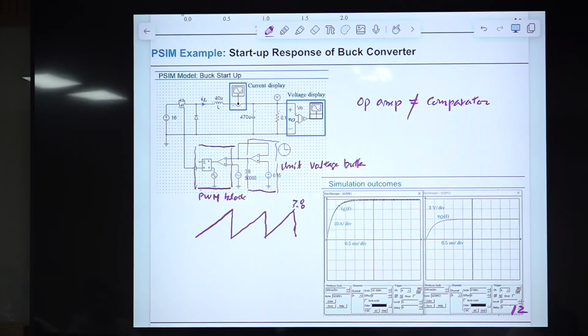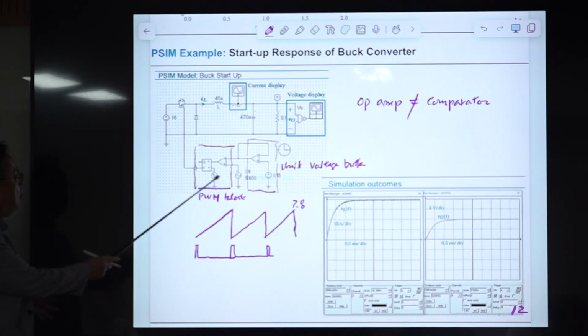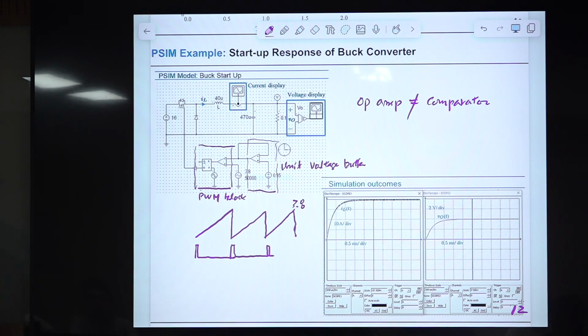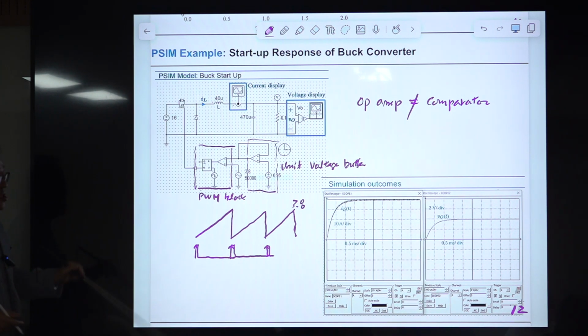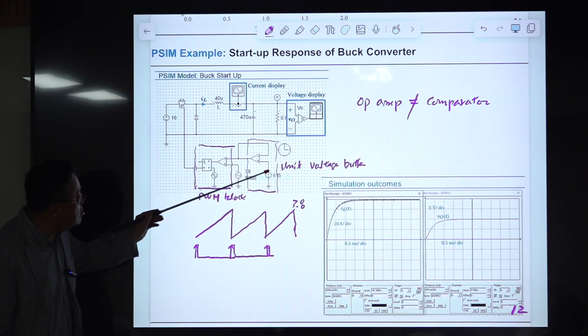The pulse is generated with a short duration, with the period like this. Okay, and they are synchronized with this. The beginning of the ramp is synchronized with the leading edge of this pulse waveform. And for the operation of this RS flip-flop and its combination with this, this voltage, 0.95, is a unit gain buffer.